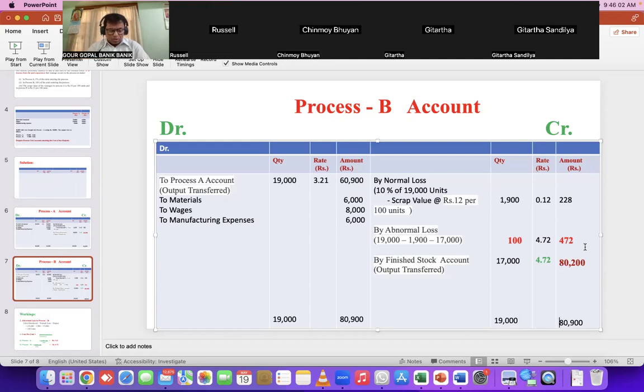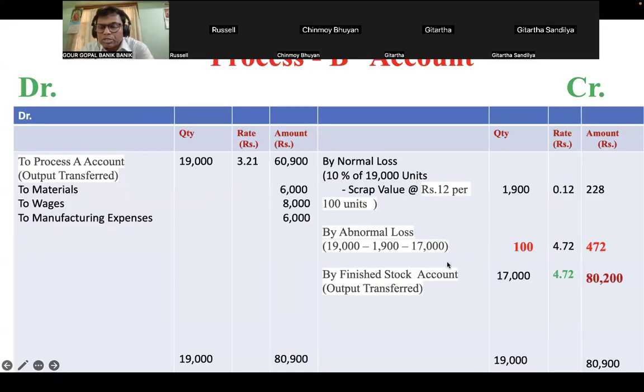Let me show you. It is coming 80,200. So this is the final finished stock account. You have produced ultimately 17,000, and this is abnormal loss.